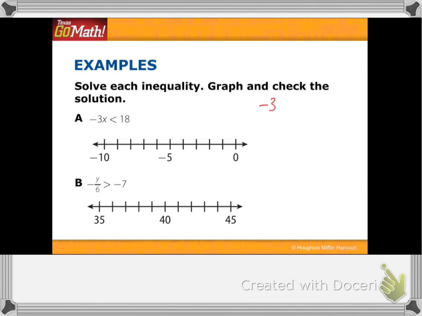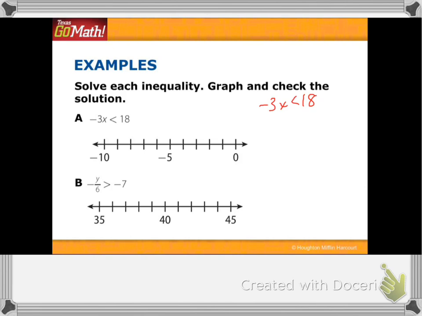We have -3x is less than 18. That means that when we multiply -3 times a number, we get a solution that is less than 18. In order to undo this and isolate x, we have to complete the opposite operation.